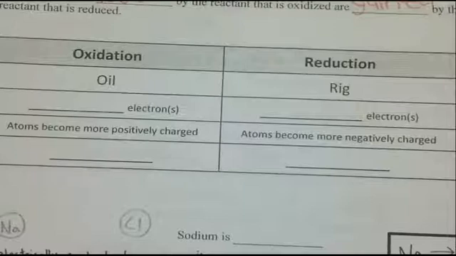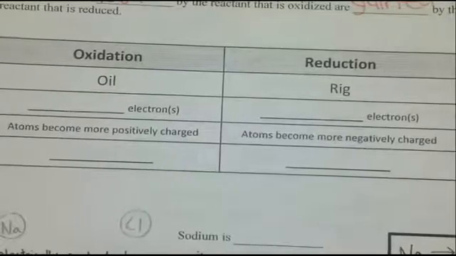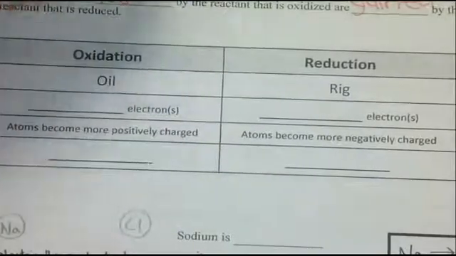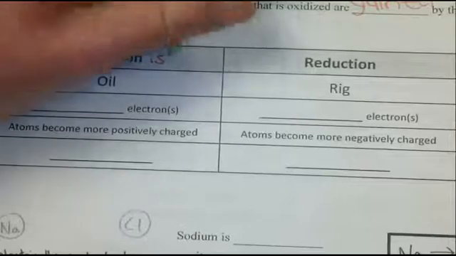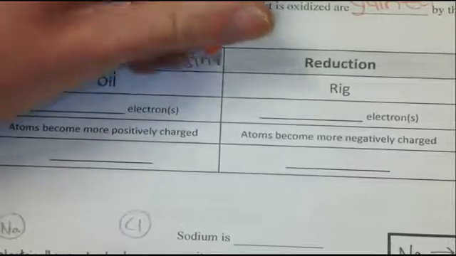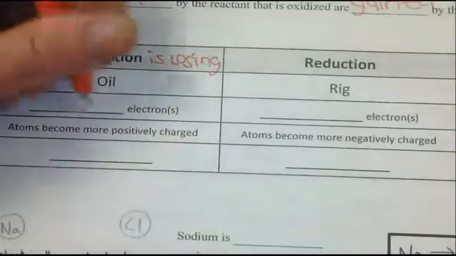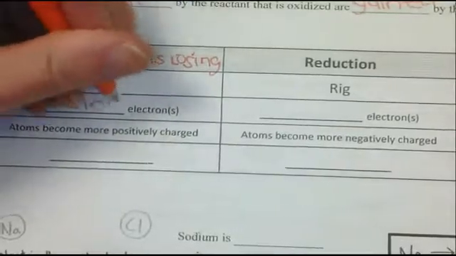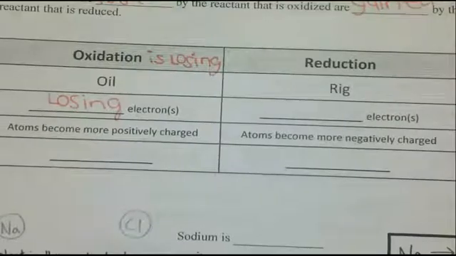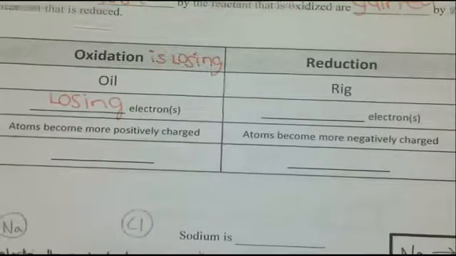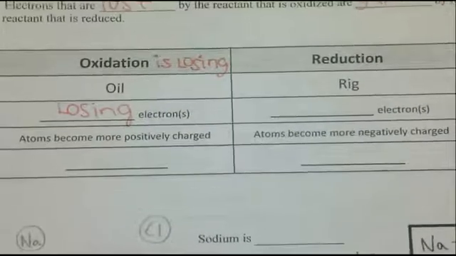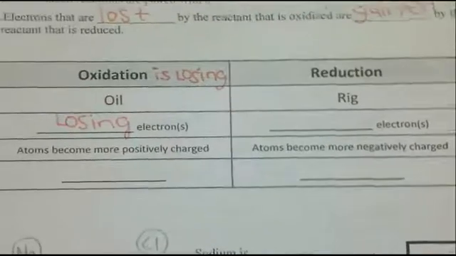So for OIL RIG, oxidation is losing. So losing electrons, atoms become more positively charged, and this tends to happen with our cations.